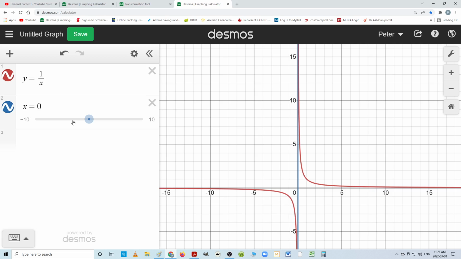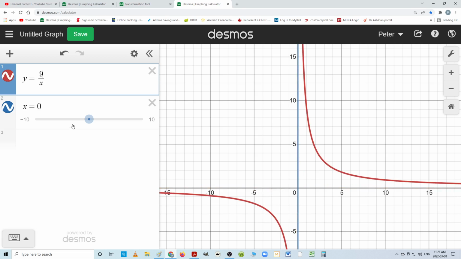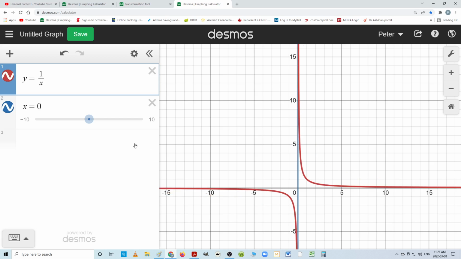And this will happen no matter what I do to it. And I'm not going to adjust it yet, but if I put a 3 beside the x, it's going to do that. If I put a 9 up here, it's going to do that. So it doesn't matter, it's always going to have that symmetry through whatever its asymptotes are.